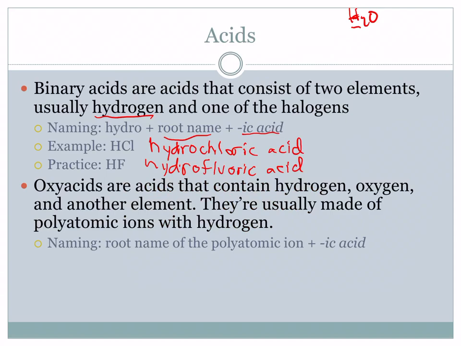That's our sign that we have an oxyacid just based on naming. It's only with binary acids that we do that hydro. So we just do the root name of the polyatomic ion, ic acid. For HNO3, NO3 is nitrate, so we say nitric acid.